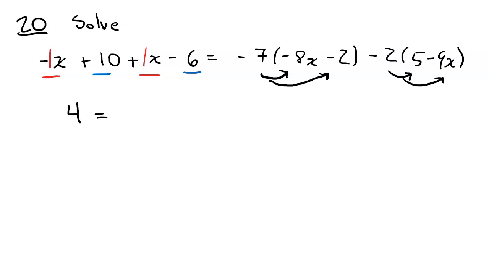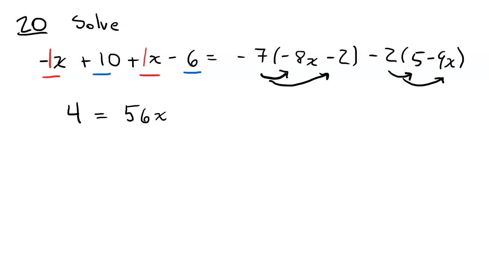On the right-hand side, we have -7 being distributed. So -7 times -8x is going to be a positive 56, I believe, because 7 times 7 is 49, plus 7, 56.